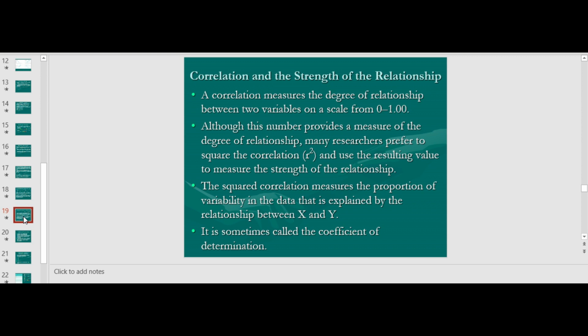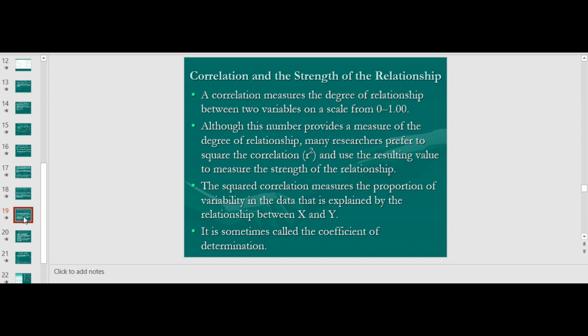A correlation measures the degree of relationship between two variables on a scale from 0 to 1. It can also be negative. Although this number provides a measure of the degree of relationship, many researchers prefer to square the correlation, R square, and use the resulting value to measure the strength of the relationship.